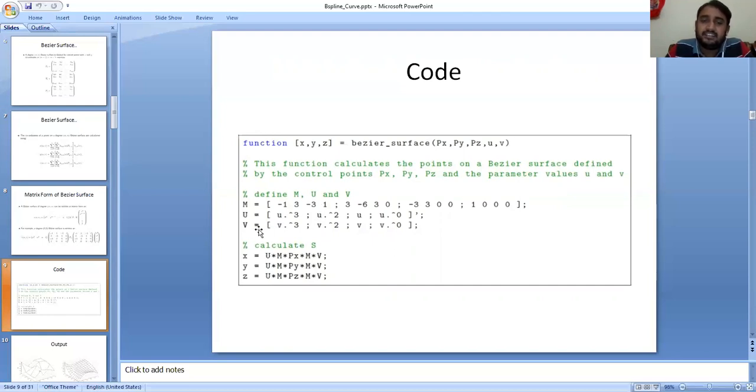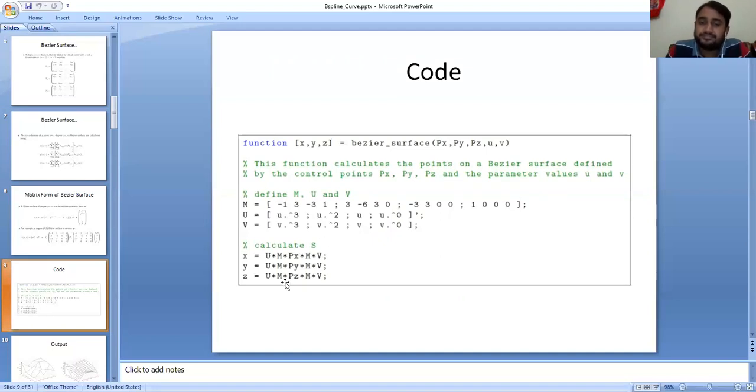U and V are the vectors, where U is written as U cube, U square, U and U to the power 0, transpose, because when you write in this form, it is always converted into a column vector. So in order to convert it into a row vector, I have to take the transpose.